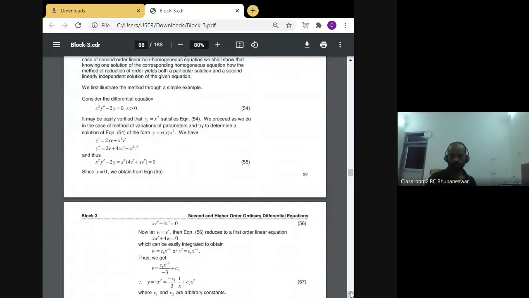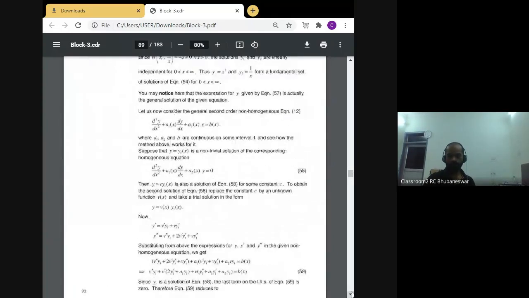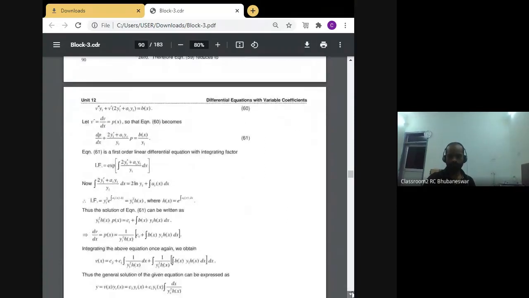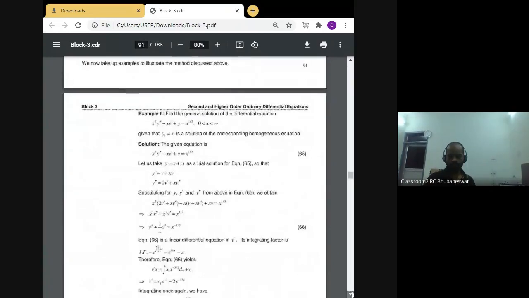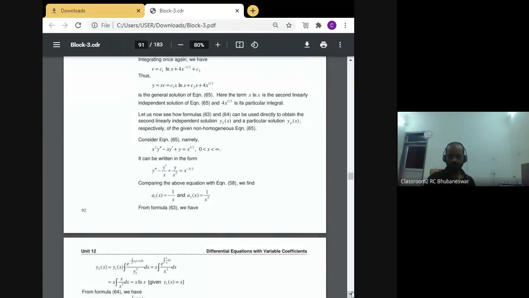example is. So let us move to page number 91.